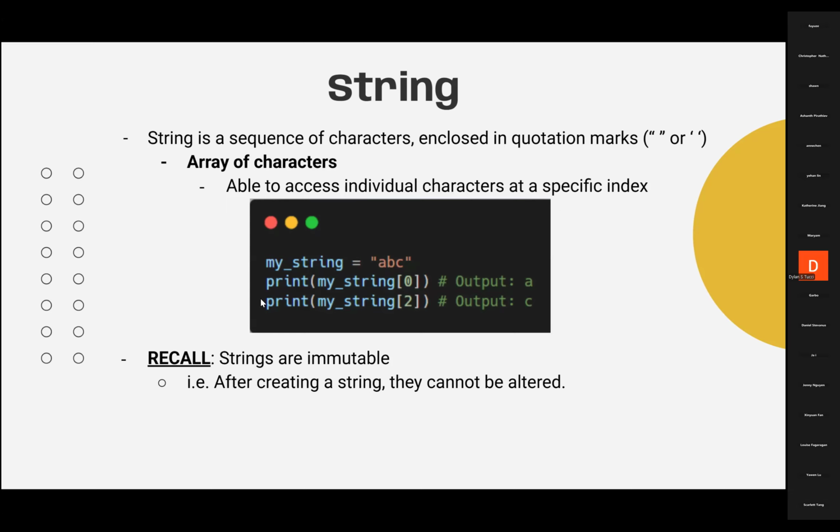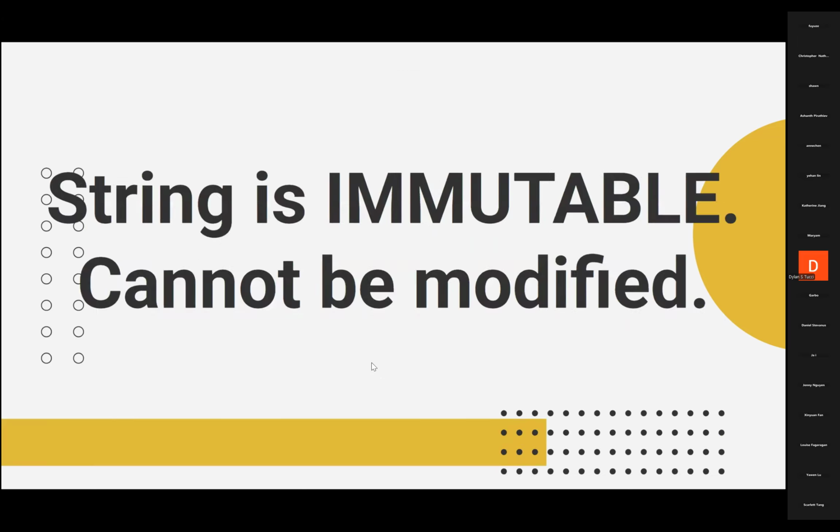If you want to print a single character, you can do it by string indexing. You can print my_string[0], and it will print A. If you do my_string[2], it will print C. There's also another method called string slicing, where you can take a substring, more than one character, from the string you already have.